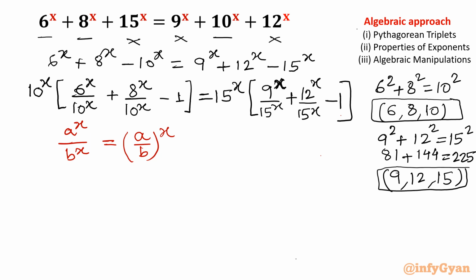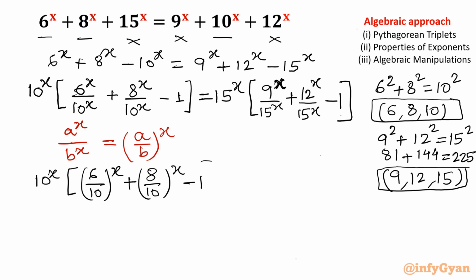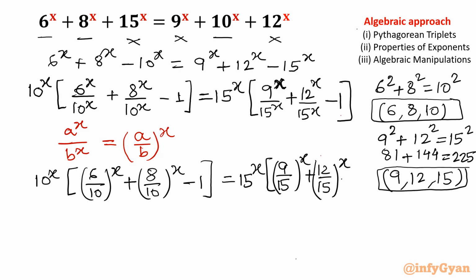So our equation will become 10^x times bracket (6 over 10)^x plus (8 over 10)^x minus 1 equal to 15^x times bracket (9 over 15)^x plus (12 over 15)^x minus 1.